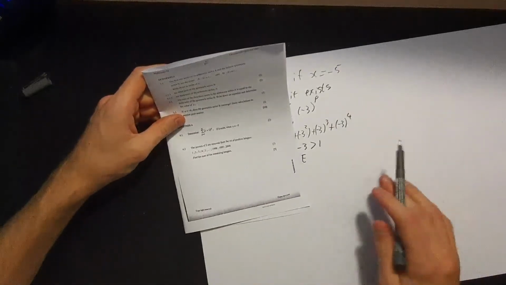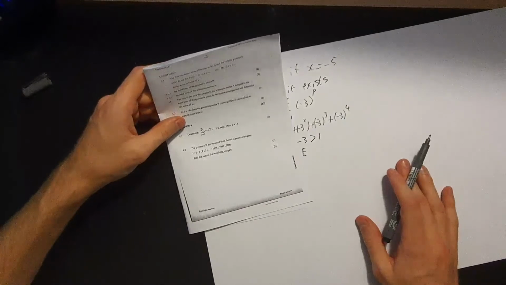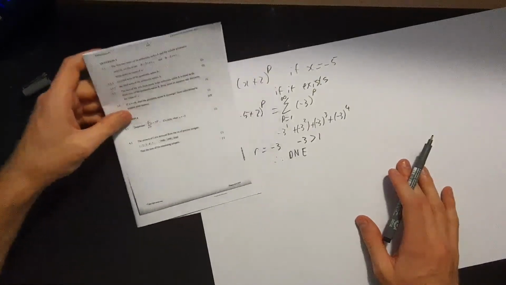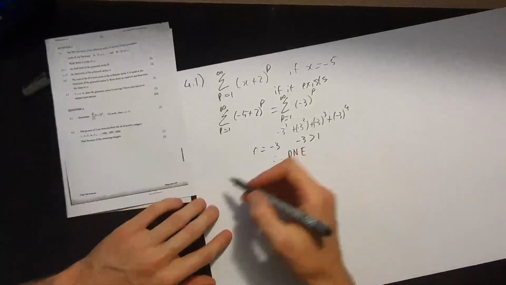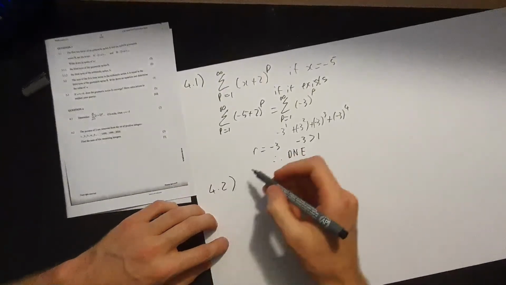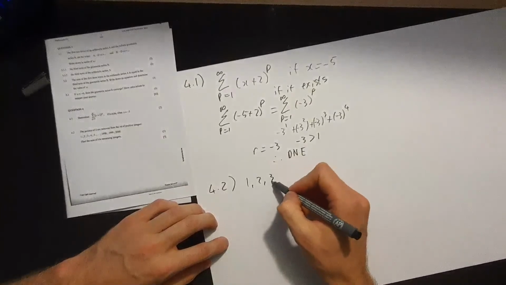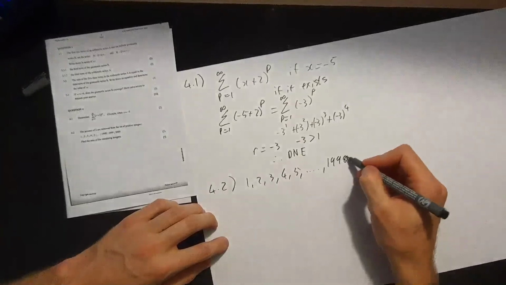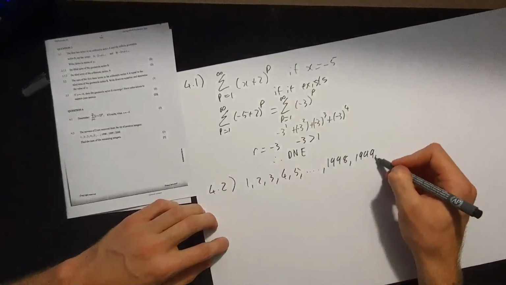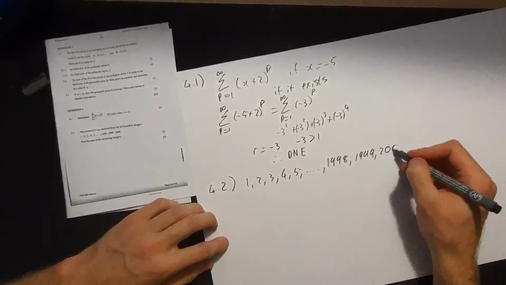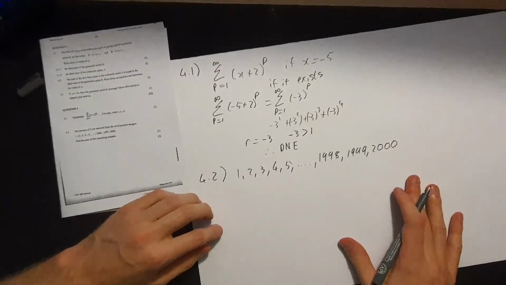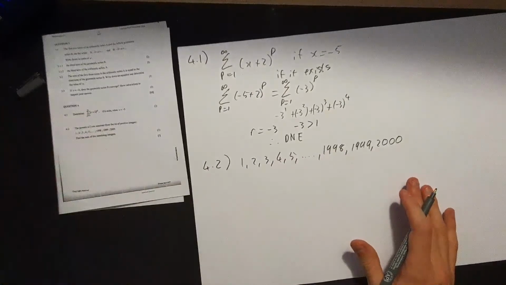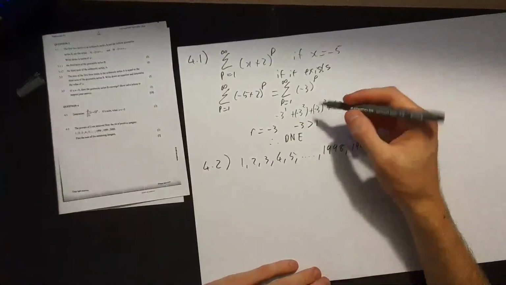They've given us over there 1, 2, 3, 4, 5, and then it goes all the way up to 1998, 1999, and then 2000. So all the multiples of 2 are removed.